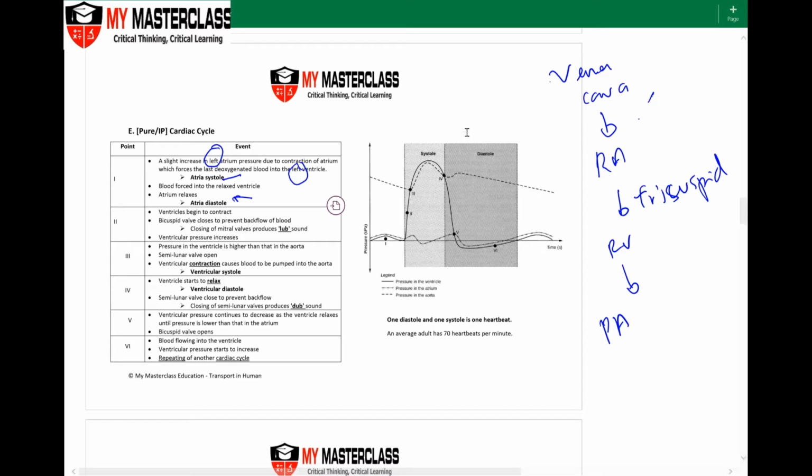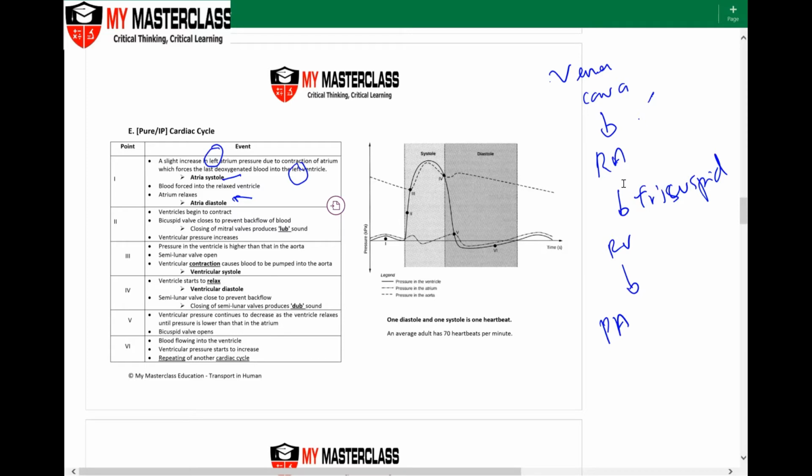Now the blood is all in the right ventricle itself, right? When blood enters all into the right ventricle, the tricuspid valve will close. Why does it close? Because right now the pressure of the right atrium is lesser than the pressure of the right ventricle, so it doesn't make sense for the tricuspid valve to be open.